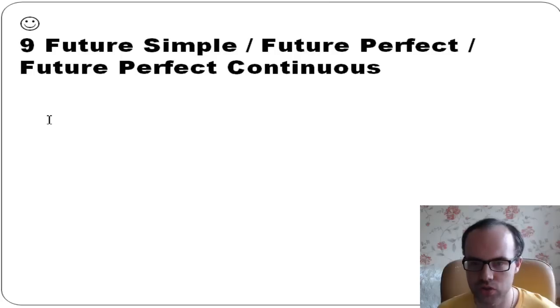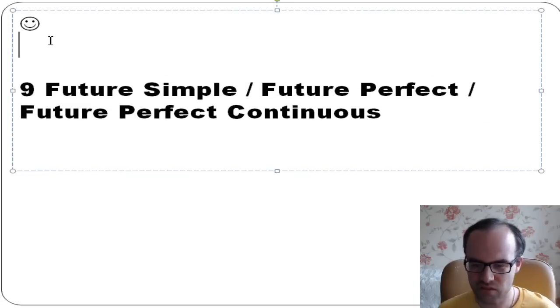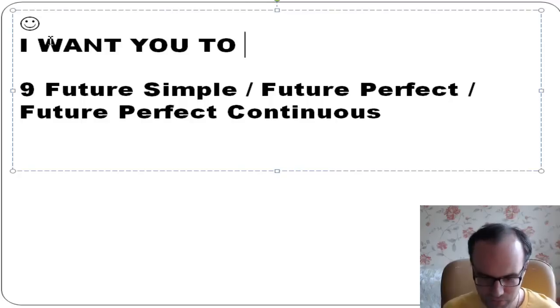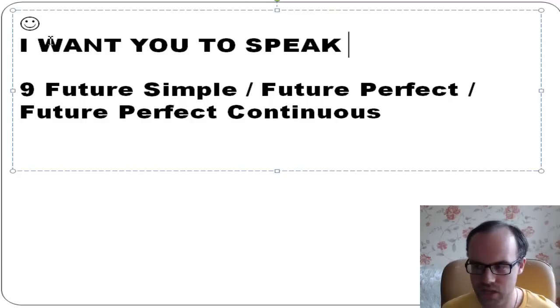So I don't want you to make mistakes. I want you to speak English fluently and accurately and confidently without mistakes. Really, I really want it. Maybe I'm crazy, but in fact I'm not.